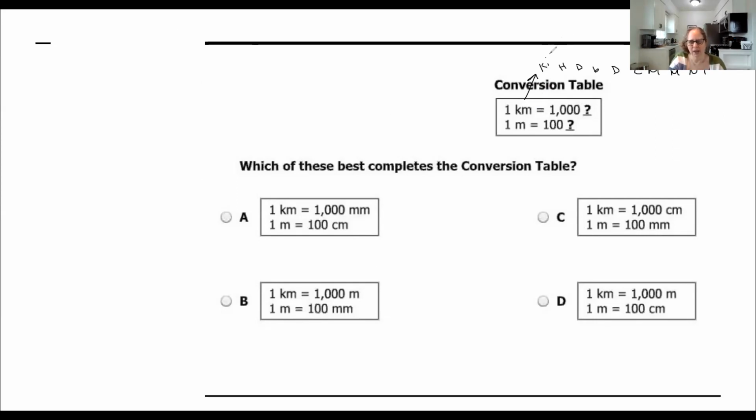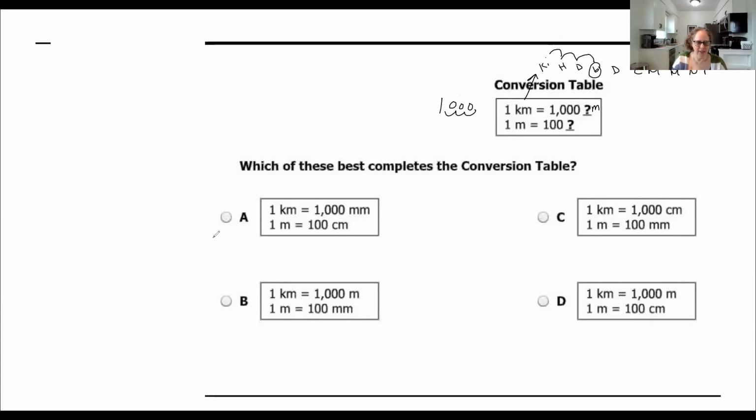So when we go down, we're adding how many zeros? 1, 2, 3. So we're going down because we changed the 1 kilometer and we wanted to add 3 zeros. So we're going down. 3 zeros gets us to the B. Kilo, hecto, deca, base. 1 kilometer equals 1,000 meters.